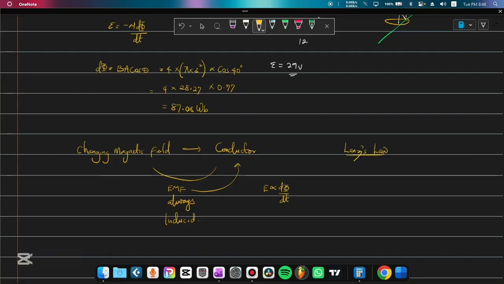He only told us that when we have a magnetic field moving towards a conductor, or a conductor moving towards a magnetic field, let me say that again. According to Faraday, when we have a magnetic field moving towards a conductor, or a conductor moving towards a magnetic field, there is always an EMF induced, and there is no direction.